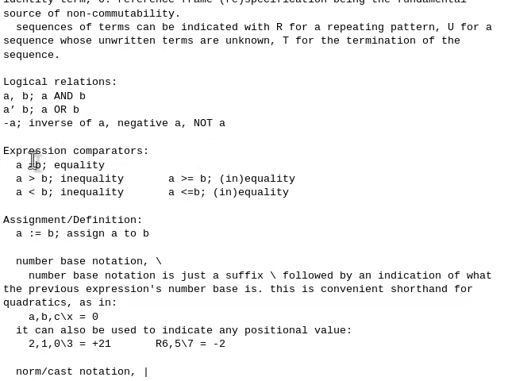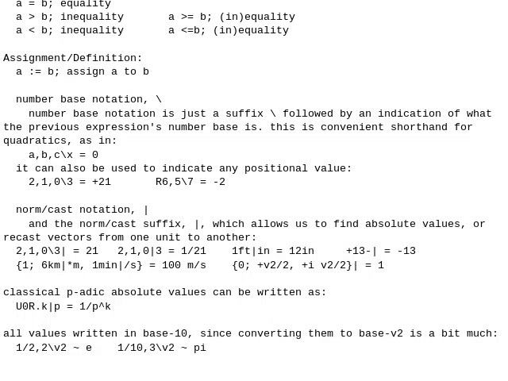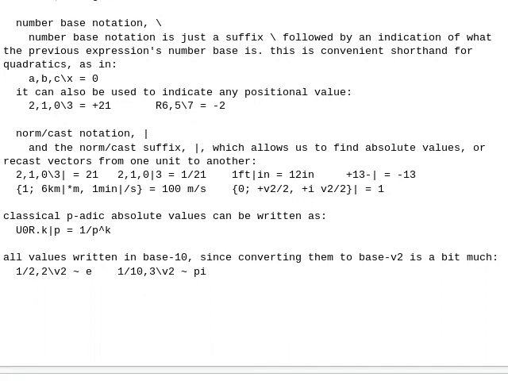Expression comparators, so you have equality, inequality, optional in, equality, inequality, optional in, equality. Assignment or definition. This one, I think this is from Algol or Fortran or something. Yeah, I'm just using it because it has historical precedence. And then other stuff that we've seen before.